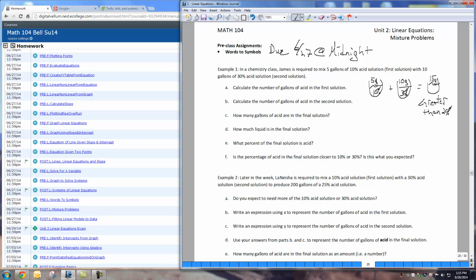Greater than 20%, because if I mixed 5 and 5, you would expect it to be exactly 20%, because that's halfway between 10% and 30%. So I haven't really solved anything, I've just got an idea of what's going on in the problem.